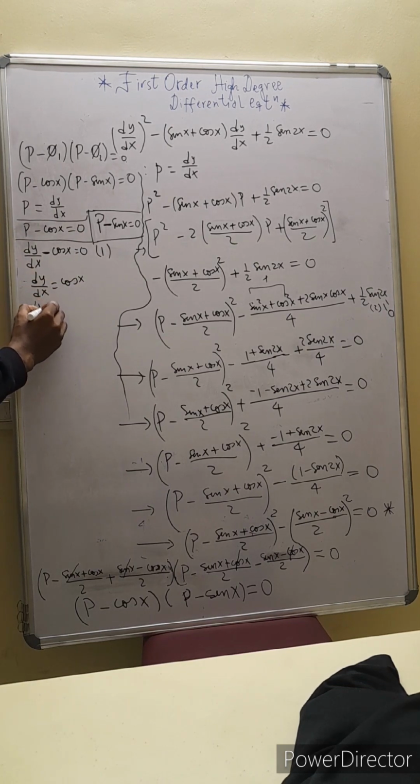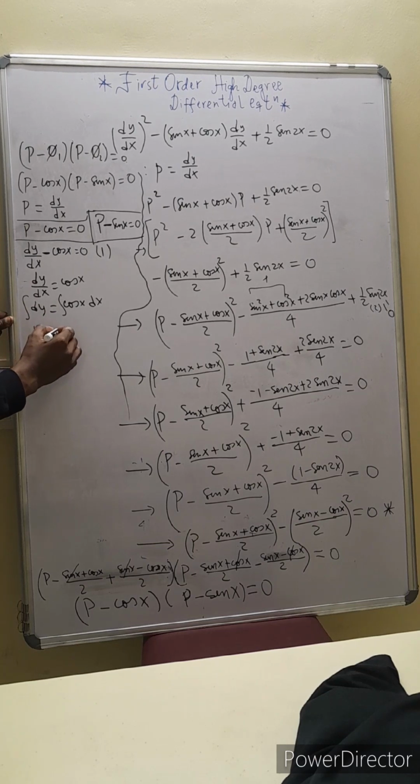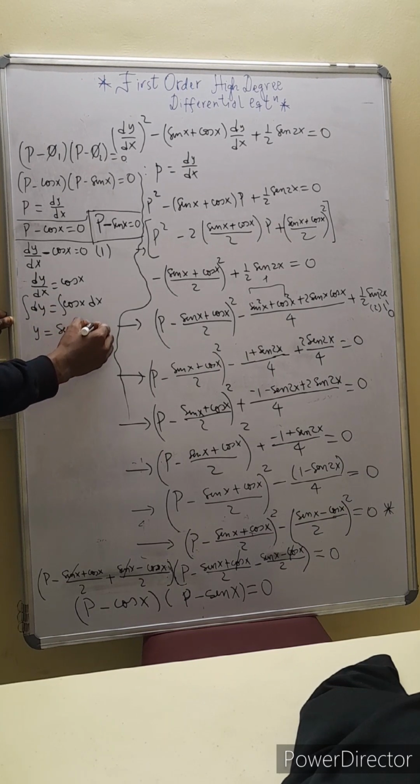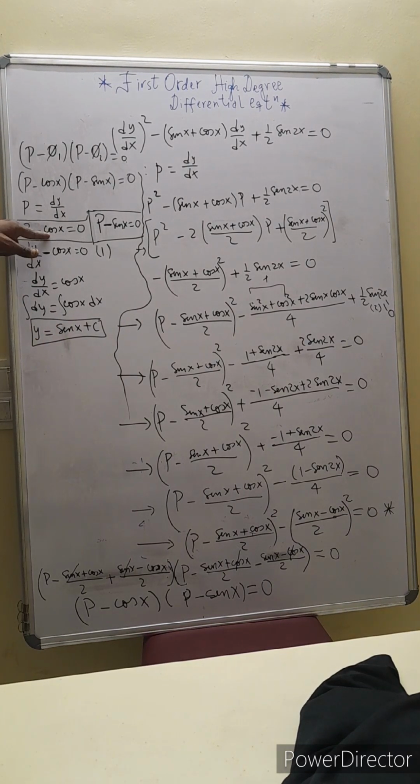So we are going to have dy is equal to cos x dx. Now apply integration both sides. What are you going to have? Y is equal to, what is the integration of cosinus? It is sinus positive. So it is sin x plus c. This is the first solution for this equation.